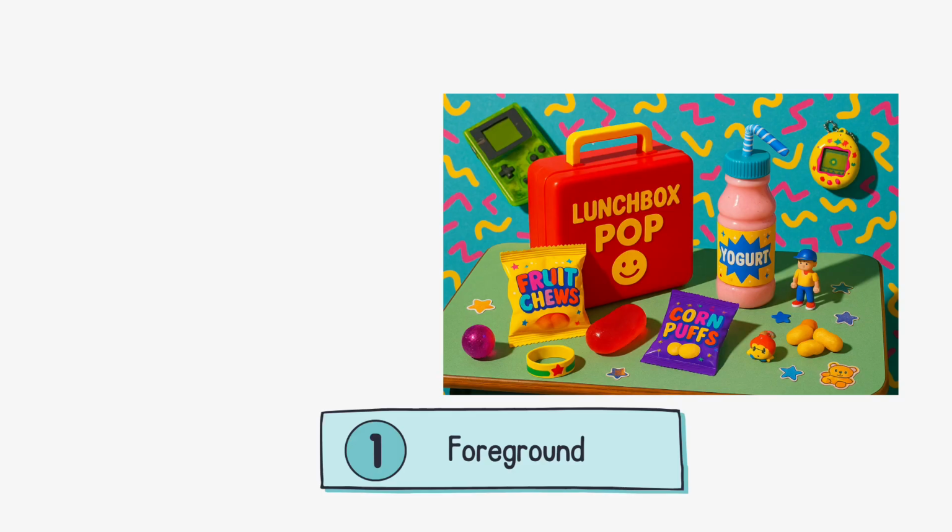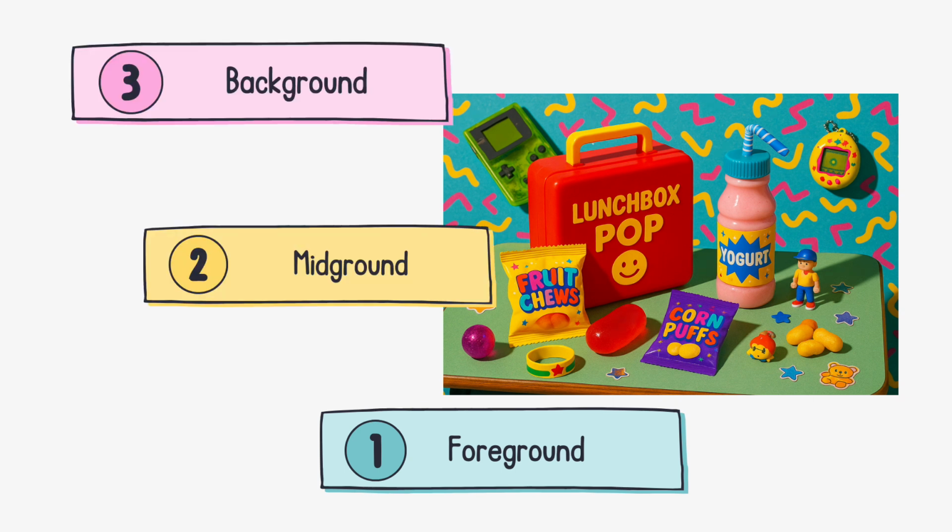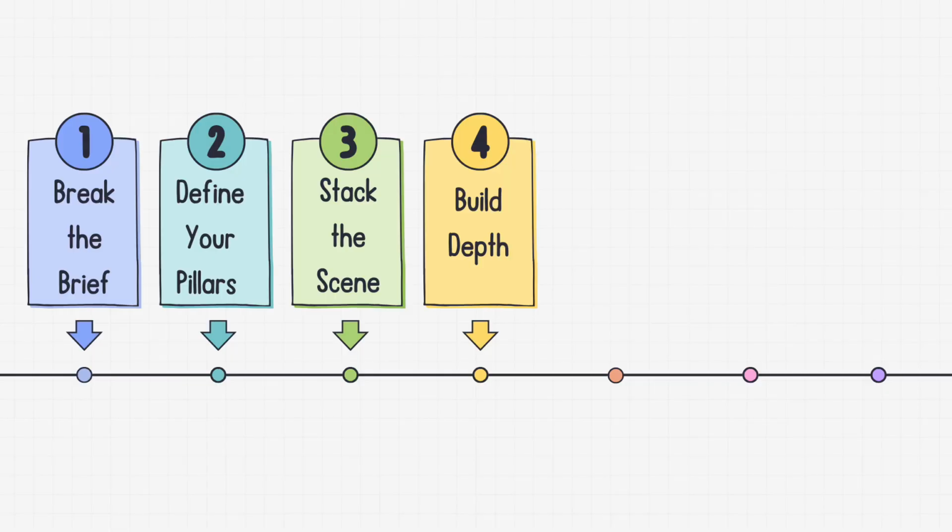You might put your product in the midground and use your pattern or backdrop as the background. This layered approach makes your visuals feel more dimensional, especially in AI images where everything can look flat or computer generated. Now that your scene is ready, ask yourself, how do I want the viewer to see it?